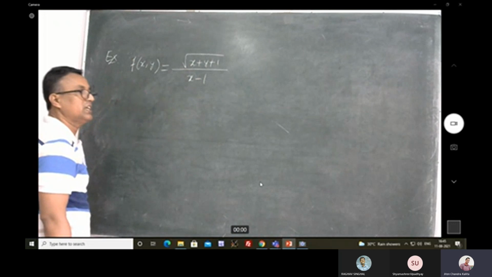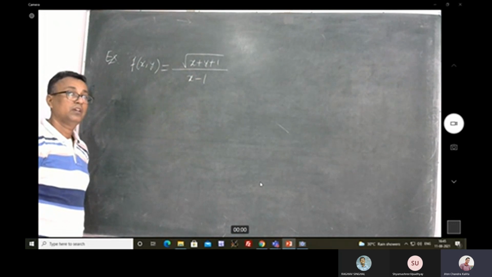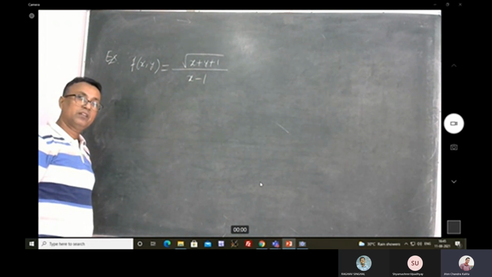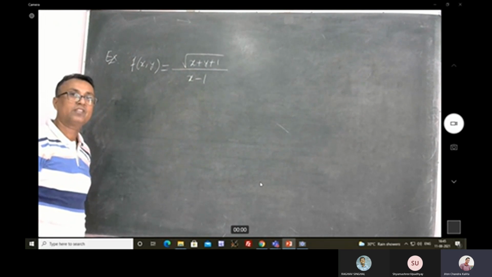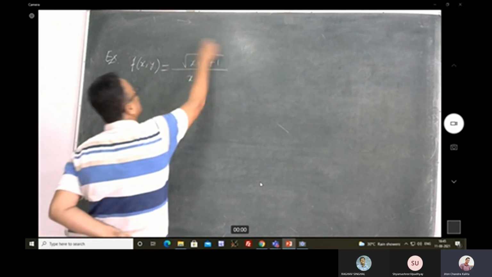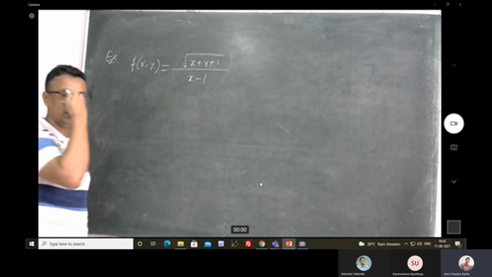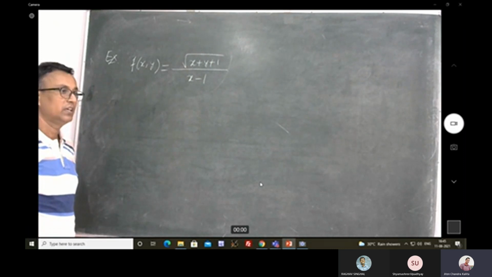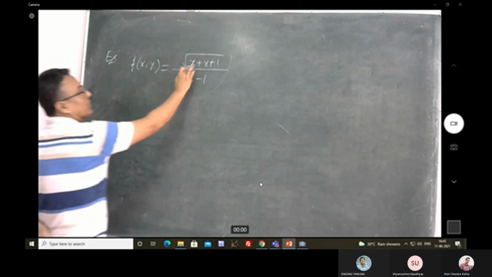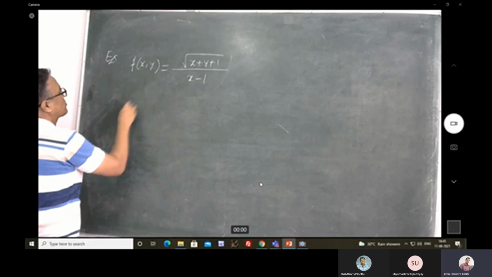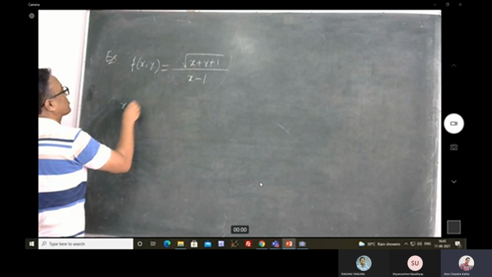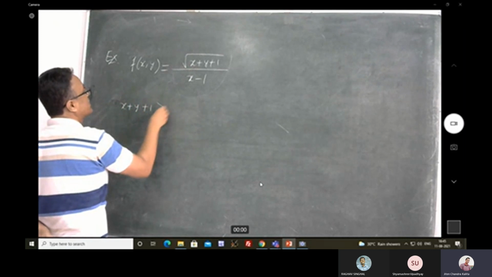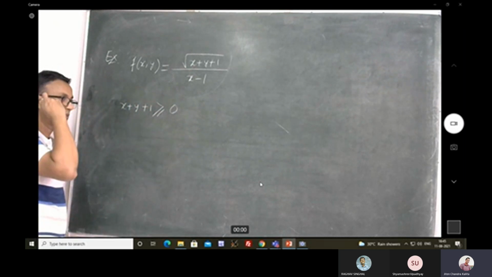I'm trying to find the domain of this function. If you want to find the domain, you have to find all those x and y such that this function is well defined. The very first thing that you need to know is what? In order for the function to be well defined, your x plus y plus 1 has to be greater than or equal to 0. Is it okay?